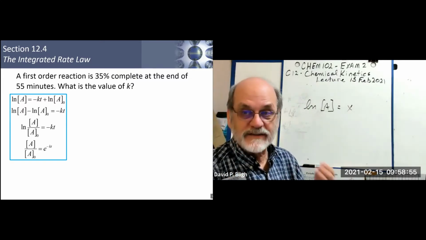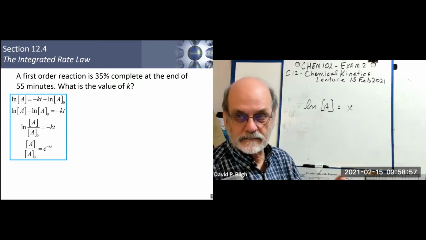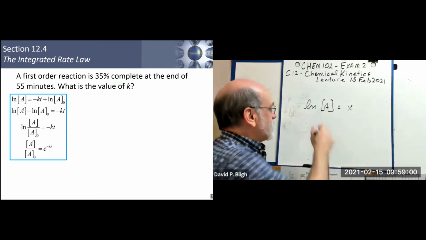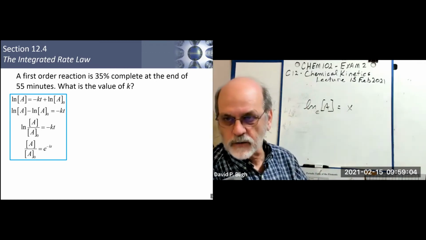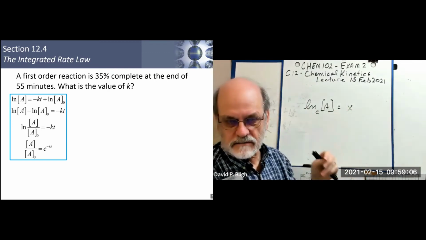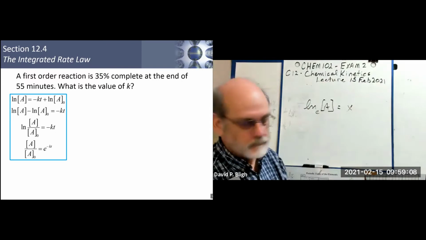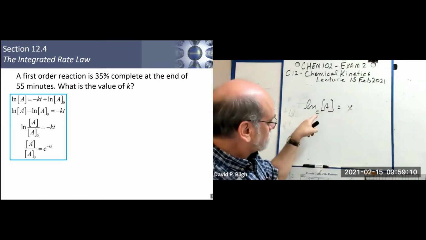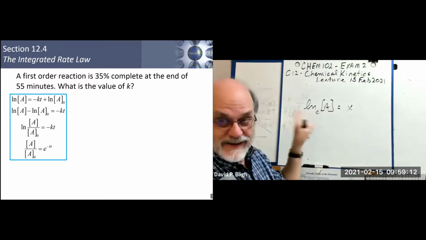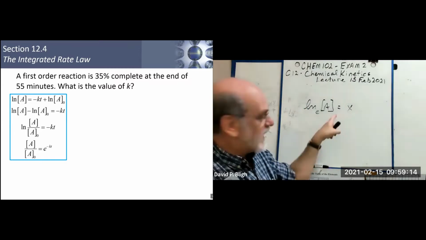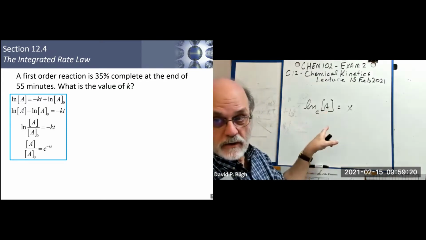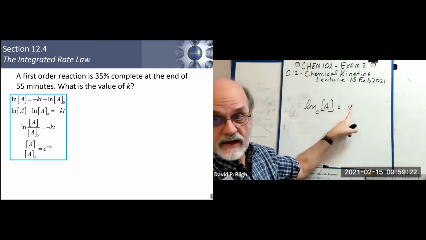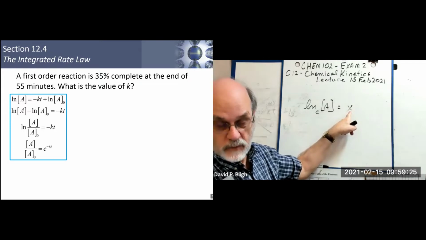Common logs are base 10, powers of 10. The base for natural log is E. It's one of those irrational numbers that pops up here and there. So this is the base, which means that A is actually equal to E to the X power. That's what the log means.